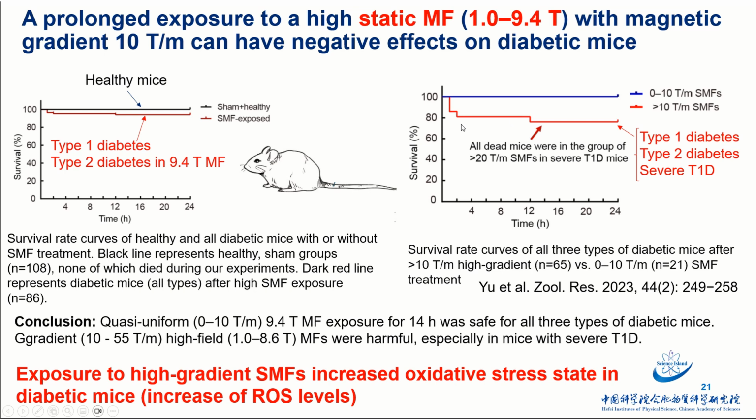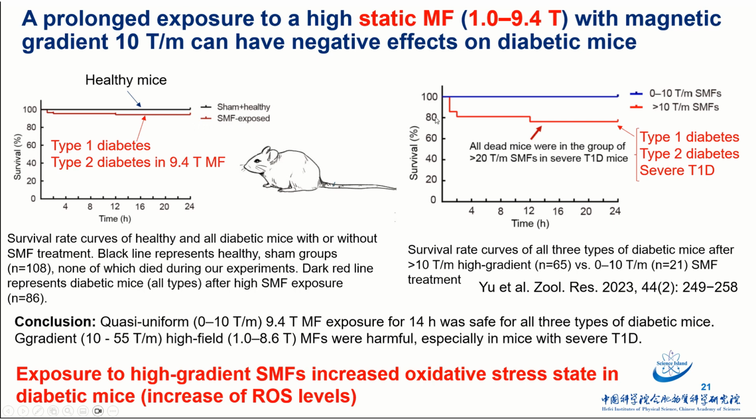On the left, you can see the survival rate curves of healthy and all diabetic mice with or without magnetic field treatment. The black line represents healthy sham groups, none of which died during our experiments. The dark red line represents diabetic mice of all types after the high static magnetic field exposure.